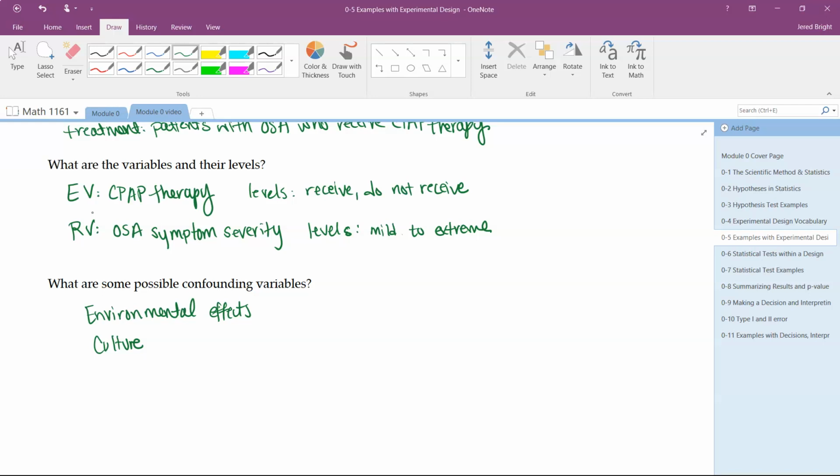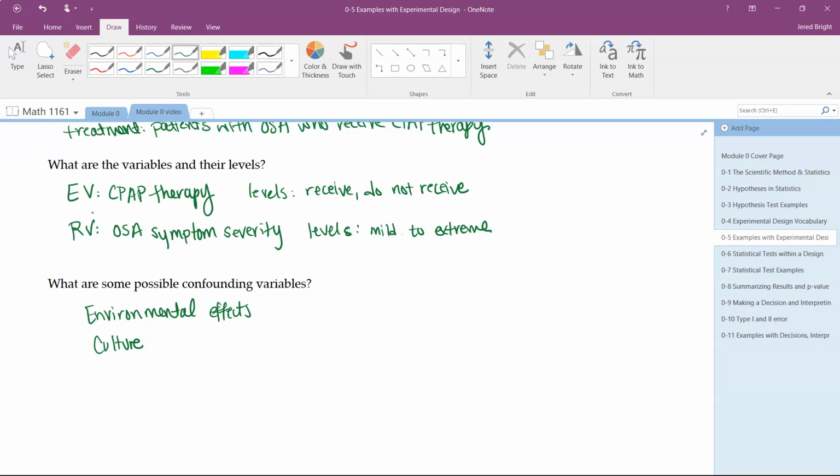Okay, some confounding variables that I thought of, and again, you could come up with an extensive list, I'm sure. Certainly could be some environmental effects, air quality of the house, normal living routine. Maybe you have a different diet, that sort of thing. That might bleed into culture a little bit. So maybe there are some cultural practices.